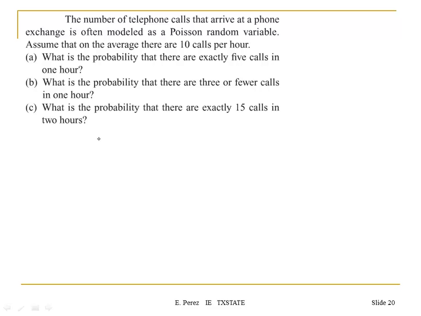So again, we know that this follows a Poisson distribution. We are looking at a specific number of events happening within this time frame. So X is a random variable of the number of calls in 1 hour.